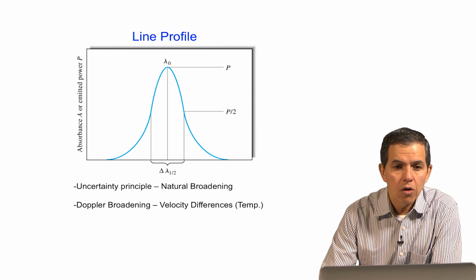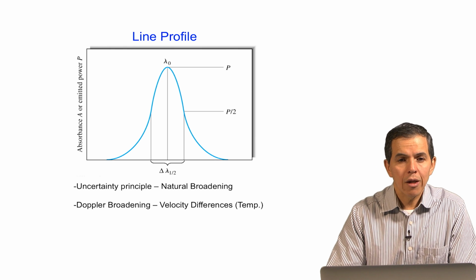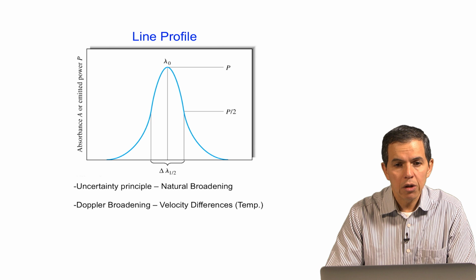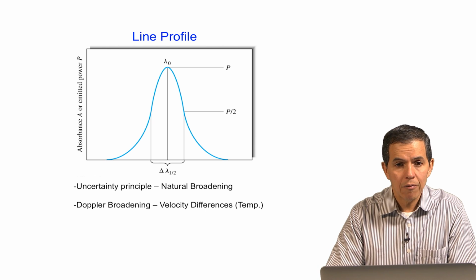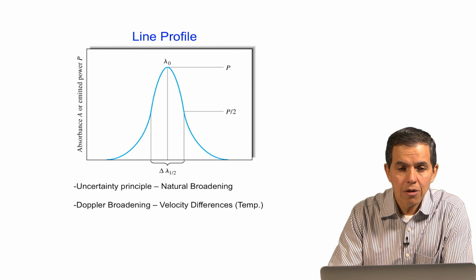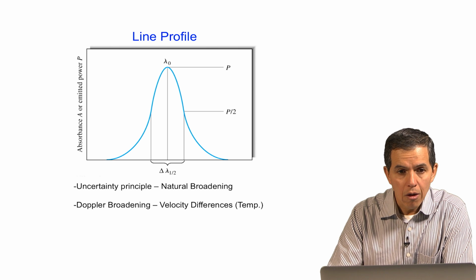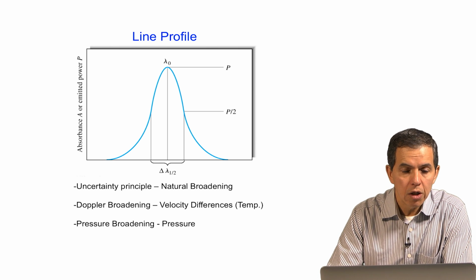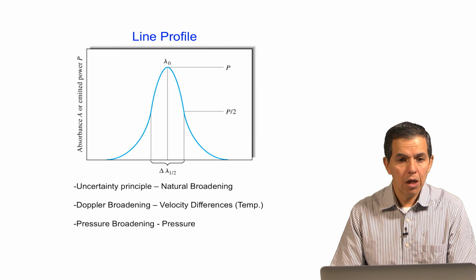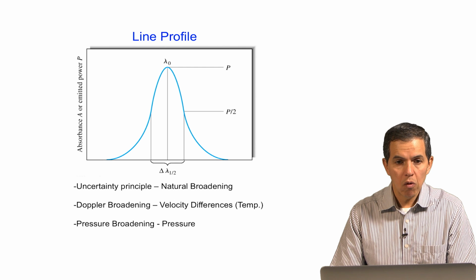This results because in the collection of atoms that are causing this emission, there are different velocities resulting from the high temperatures that we have in the system provided by the ICP torch. The third component is pressure broadening, because most of this emission happens at atmospheric pressure, and indeed, if the pressure was even higher, the broadening would be even more.